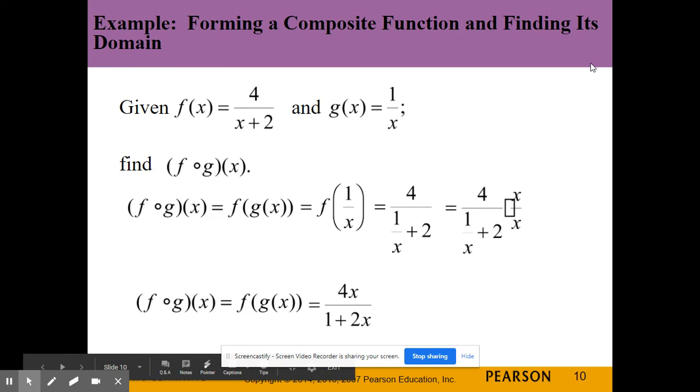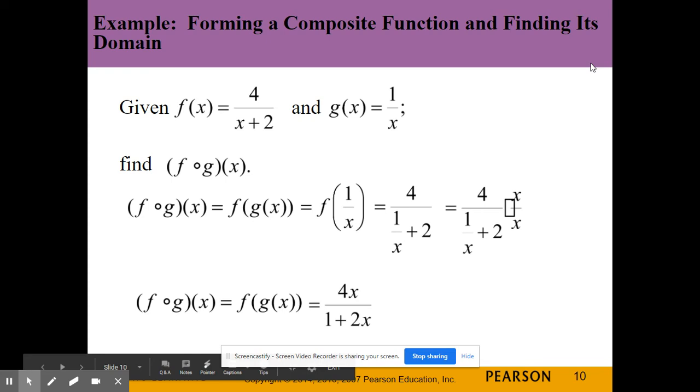Essentially, what you can do is multiply by x over x, because you can't have a fraction in a fraction. So multiplying x by 1 over x gets you 1. Multiplying 2 by x gets you 2x. Multiplying 4 by x gets you 4x. So that's how you end up with 4x over 1 plus 2x.